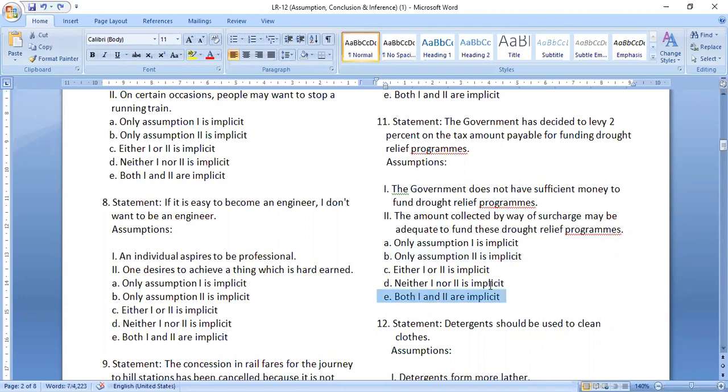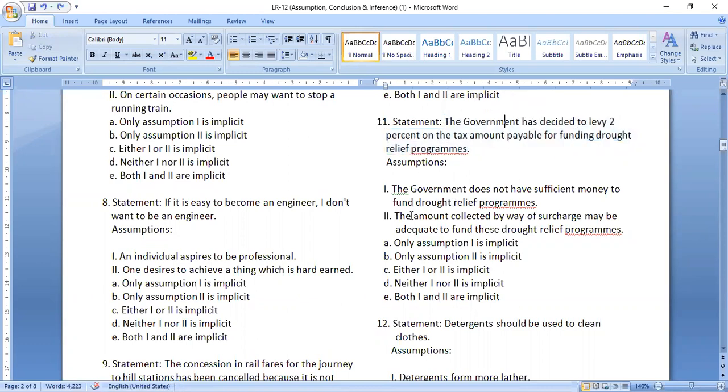E. Why E? Why would it be implicit that the government does not have sufficient money to fund the drought relief? Because when the government is charging the extra 2%, it wouldn't be required if they had sufficient money. Yeah, they won't levy a tax if they already have money.